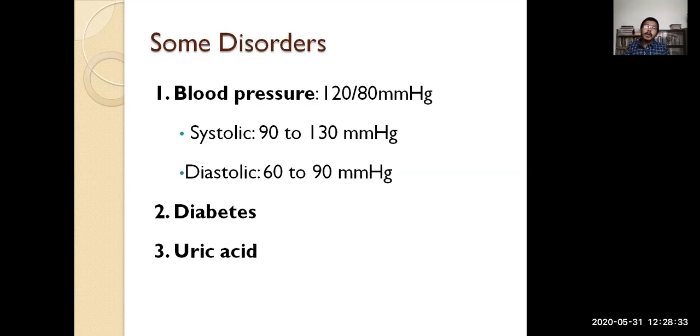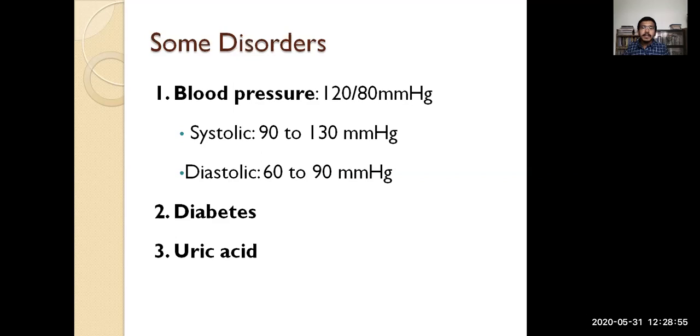On talking about blood pressure, it is the lateral pressure on the blood vessel, and whenever there is contraction of the heart, mainly the left ventricle, then the blood is pumped into the aorta. During that process, what type of pressure is exerted or felt on the lateral wall of the aorta?